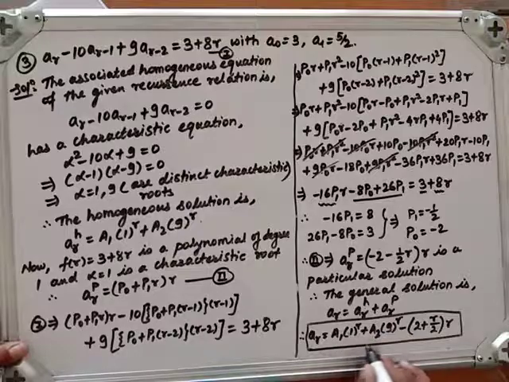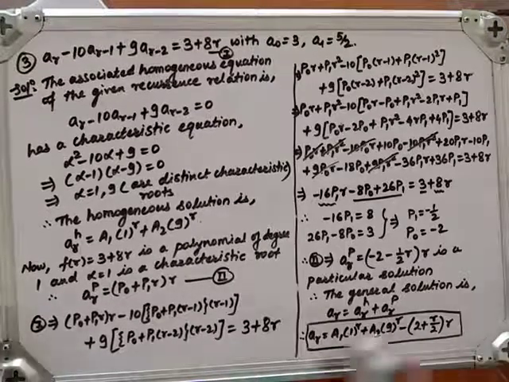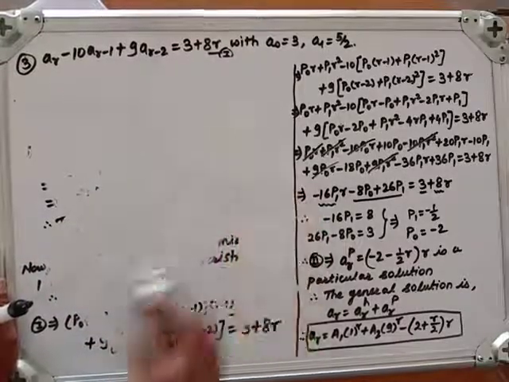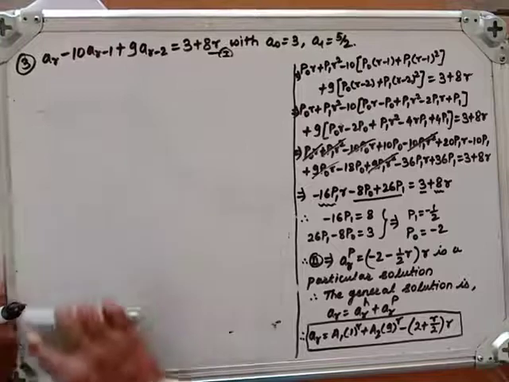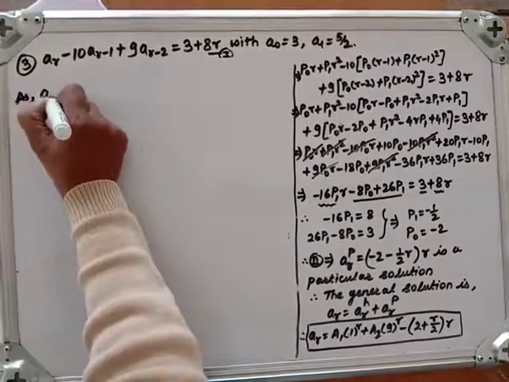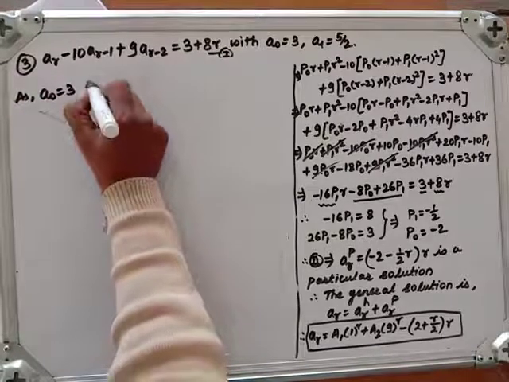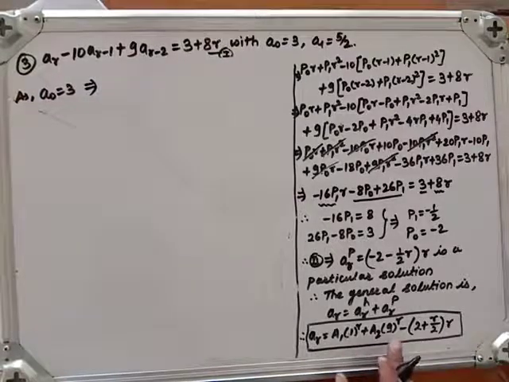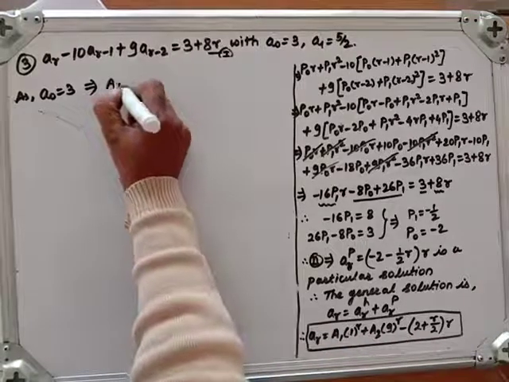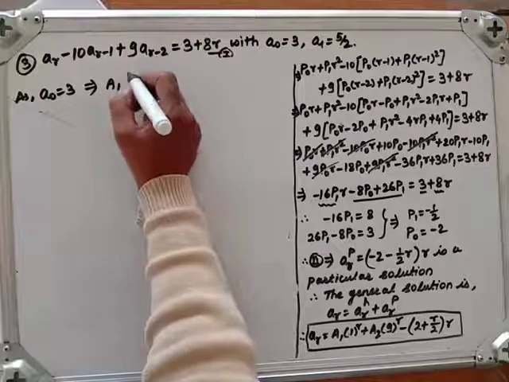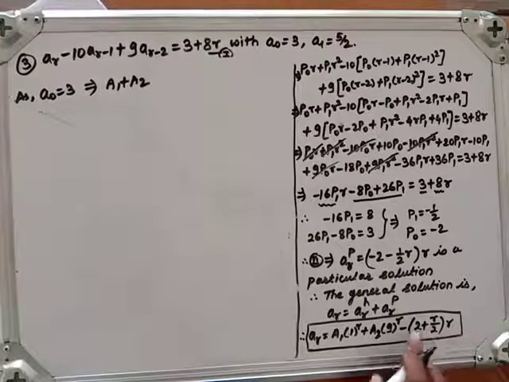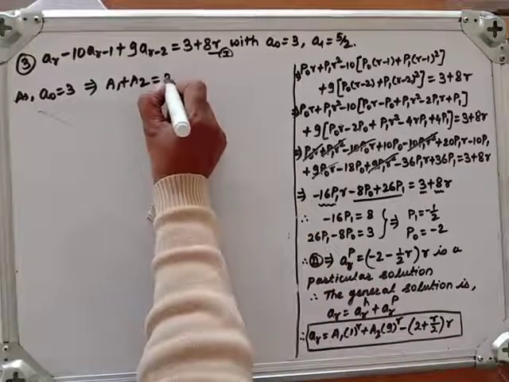Now we have to find the values of A1 and A2 from initial conditions. So for that, as a_0 is equal to 3, we put r equal to 0. So a_0 will be 3, which gives A1 plus A2, here the whole term will become 0, equal to 3.